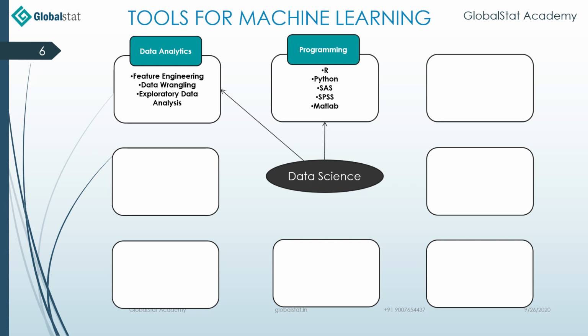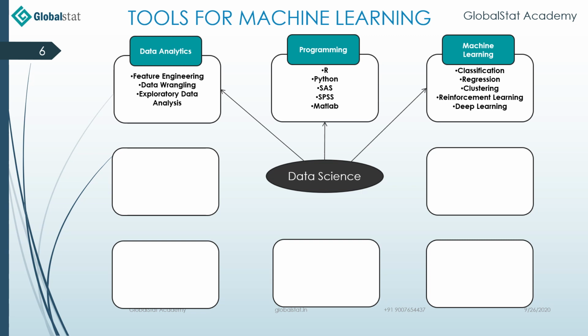R, Python, SAS, SPSS, MATLAB are the programming languages used mainly for data science. Next comes machine learning. In machine learning, we have classification, regression, clustering, reinforcement learning, deep learning.